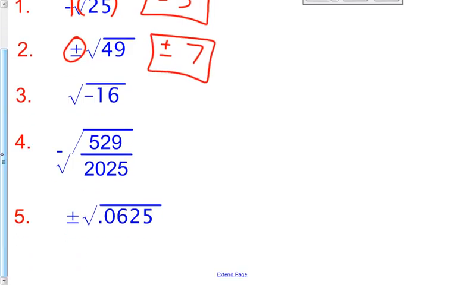For number 3, the square root of a negative 16. Up until this point, you guys have not known how to simplify this. So what we're going to put here is it is a non-real answer. You cannot say it is 4 because 4 times 4 is not a negative 16, and a negative 4 times a negative 4 is not a negative 16.